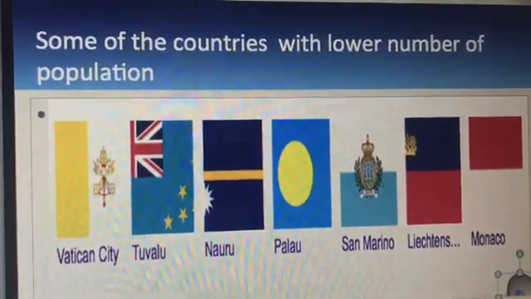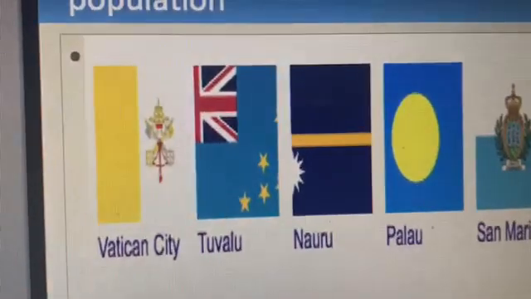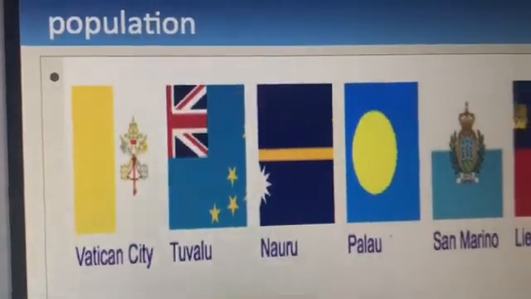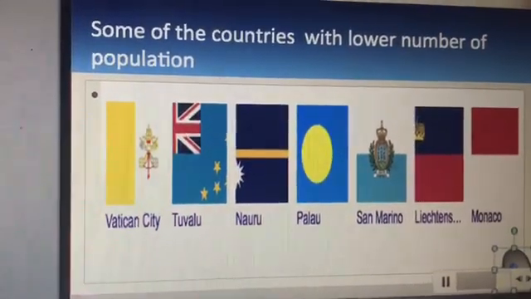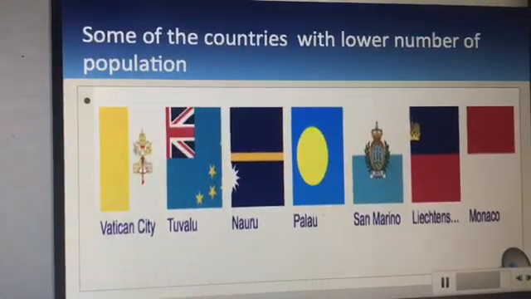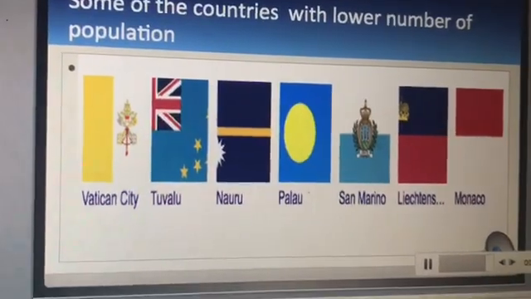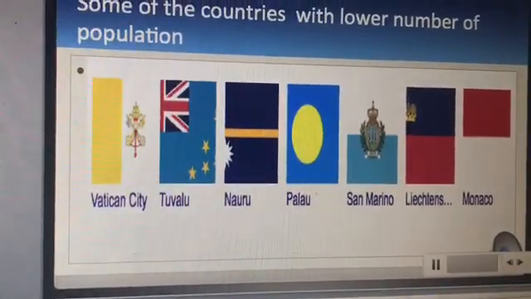But for example, take Vatican. Vatican is a very small place with very few people. So this decreasing of population has no effect. The problem comes when we have big countries with few people.